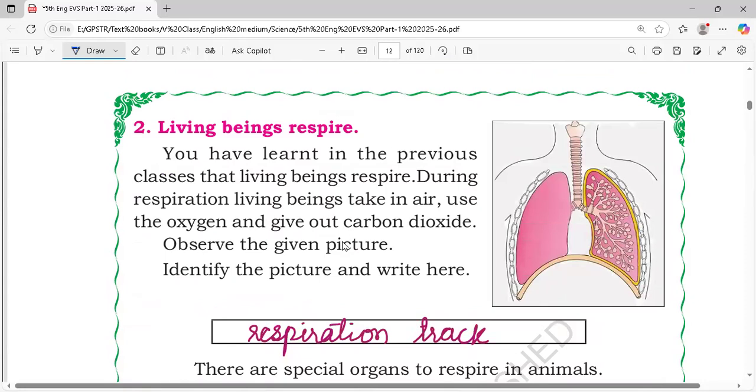Second characteristic: living beings respire. You have learned in the previous classes that living beings respire. During respiration, living beings take in air, use the oxygen and give out carbon dioxide. Identify the picture and write down. This is the respiratory tract.